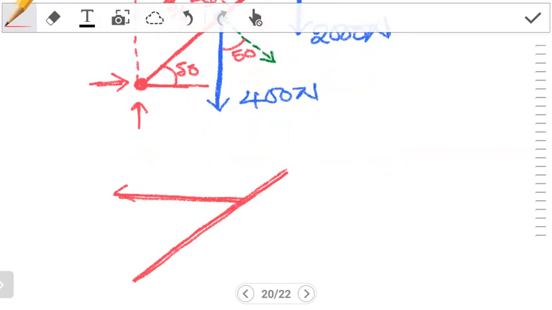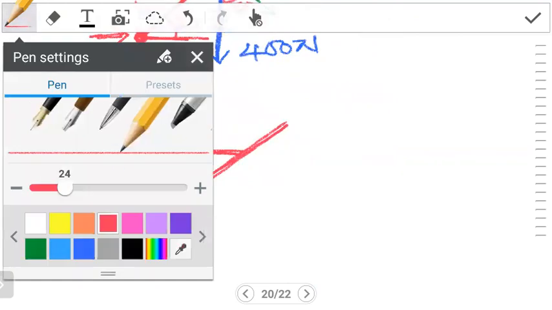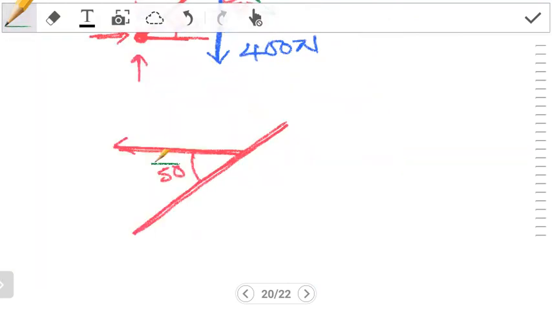The angle given is 50 here. The component we want to find is this one, the one at right angles to the base. If this is T, this is opposite, so the ratio is sine. So this is going to be T sin 50.